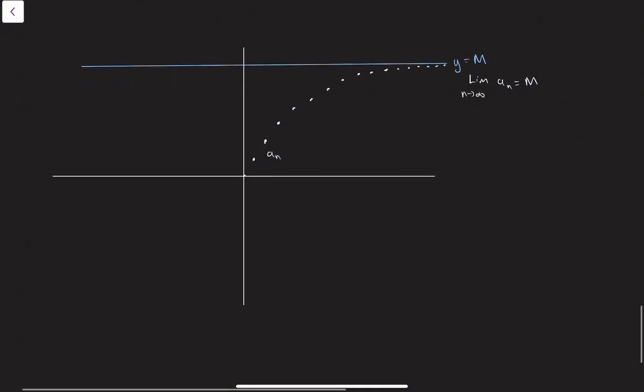And so if we wanted to look at a case where it's bounded from the bottom, like this, say y is equal to n, then we'd have our function like this. Let's say we had a decreasing function, a decreasing bounded function. Let's call this one b of n.